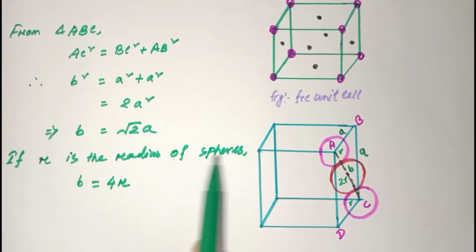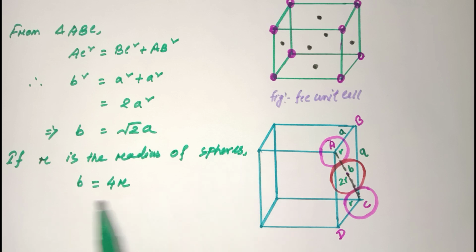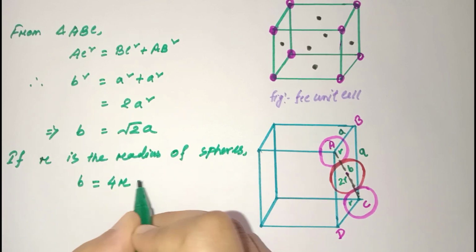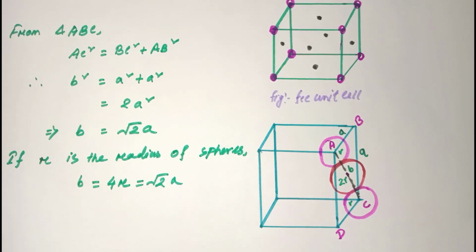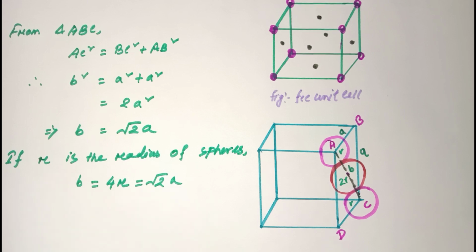If r is the radius of the sphere, then what we found is b is equal to 4r, and that is equal to root 2 a. From this we can calculate the value of the atomic radius and also the value of a.